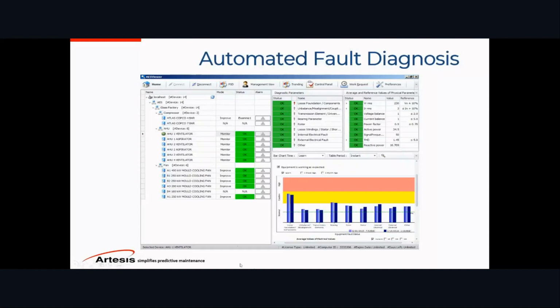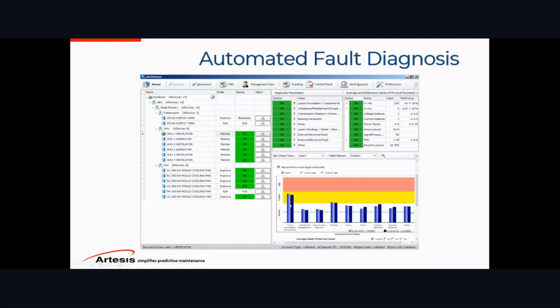For instance, we have here a loose foundation. There was a foundation looseness on this equipment, but it was already there when the equipment was first commissioned and learned. And the good thing about these bar graphs is that they give you the trend information as well.